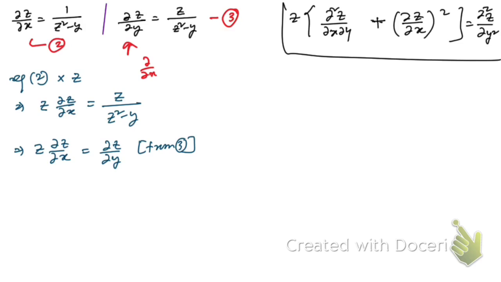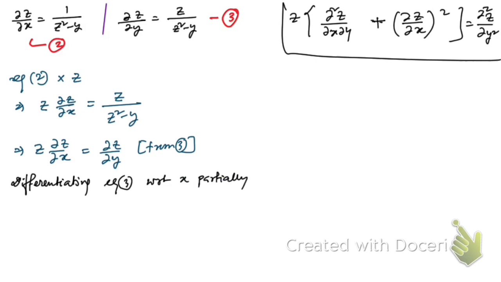So now, differentiating equation number 3 with respect to x partially, we're going to have del x of del z by del y, right?